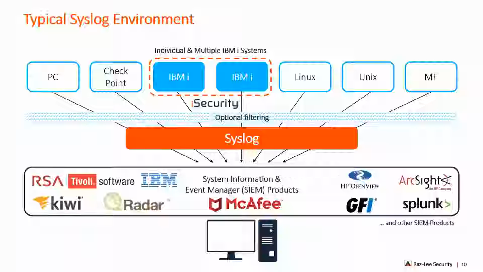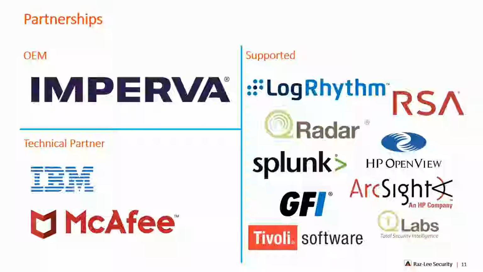Okay. These are our partners. Imperva is our OEM partner, a very important partner. We have technical partners like IBM and McAfee, and as I showed before, we support all types of SIEMs and DAMs in the world, so HP OpenView, ArcSight, Splunk, and everything.